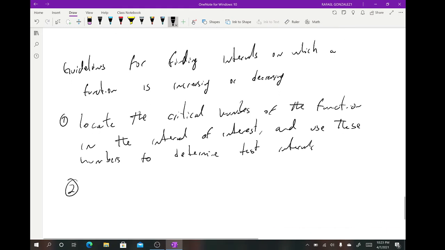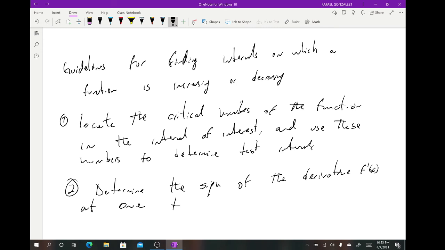Okay, number two, determine the sign of the derivative, and I'll denote that by saying f prime of x at one test value in each interval.